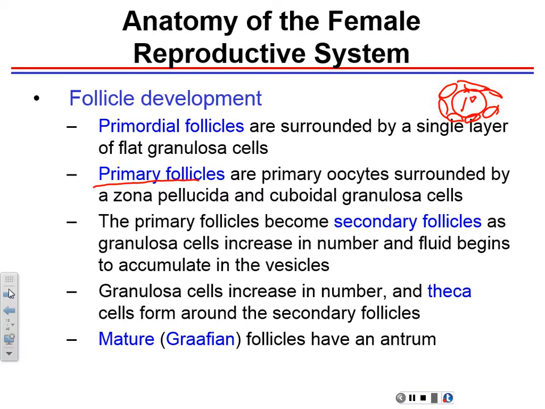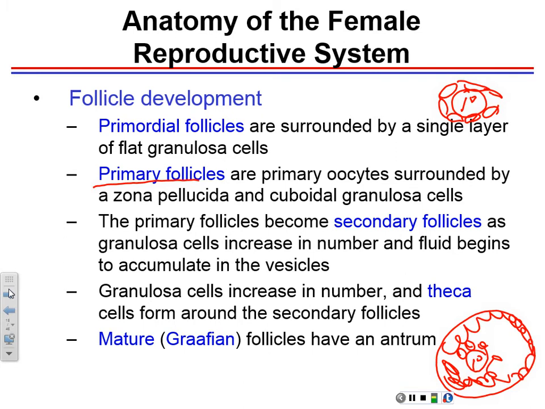And then more of those granulosa cells continue to grow and surround the oocyte, and it goes big like this, and you've got the primary oocyte in the middle here. It's still arrested in prophase 1, right? And then you've got all these granulosa cells growing.